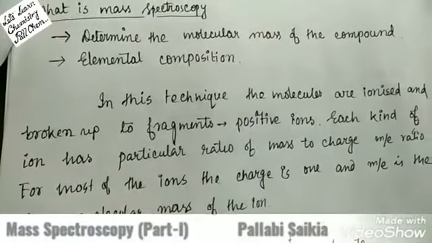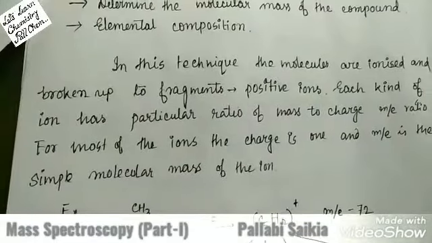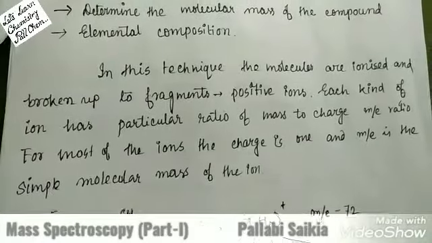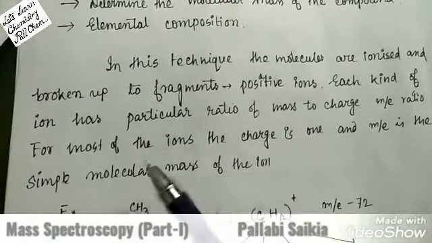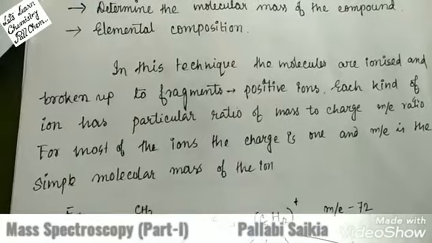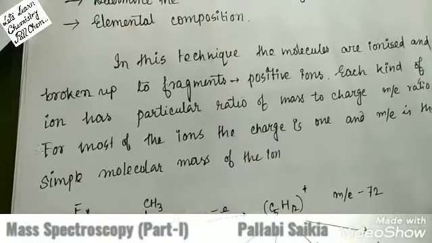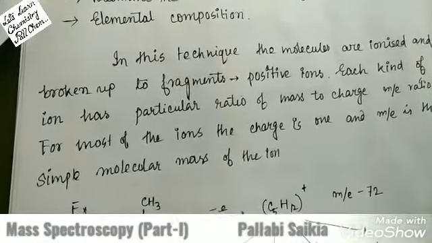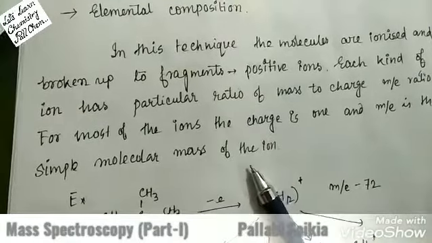In this technique, the molecule is ionized and broken up into fragments, that is positive ions, and each kind of ion has a particular m/z ratio. Normally z, the charge, is equal to 1 and m is the mass.